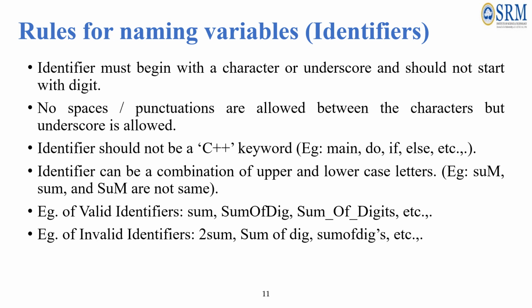The second one, sum of dig, is also not allowed because there is a space between the words. Similarly, sum of dig apostrophe s is not allowed, since only underscore is the accepted punctuation mark; other punctuation marks or spaces are not allowed. These are the rules to be followed for naming variables. The name of a variable is nothing but its identifier.